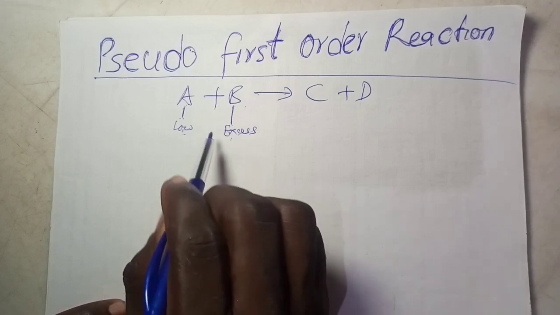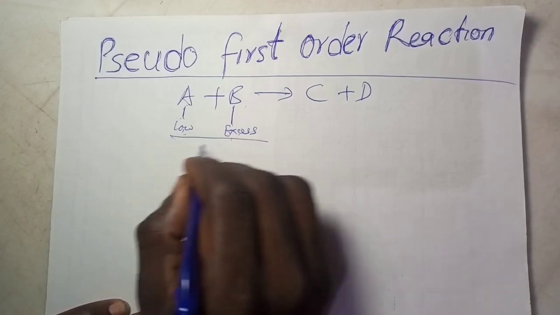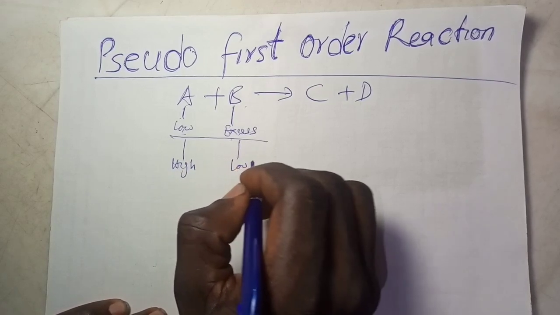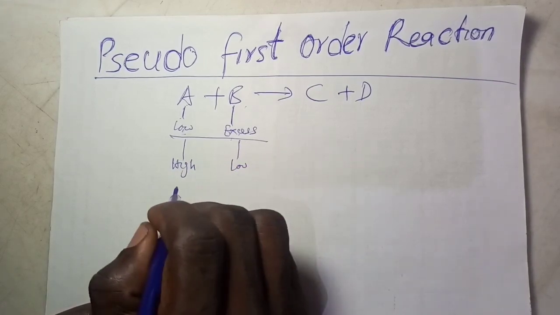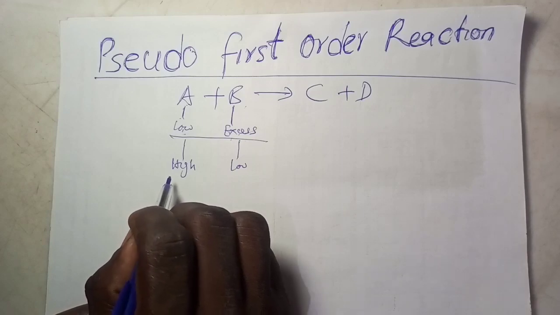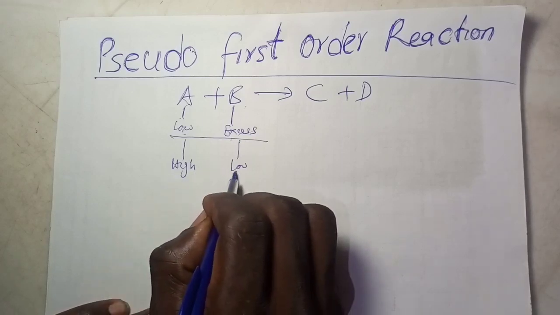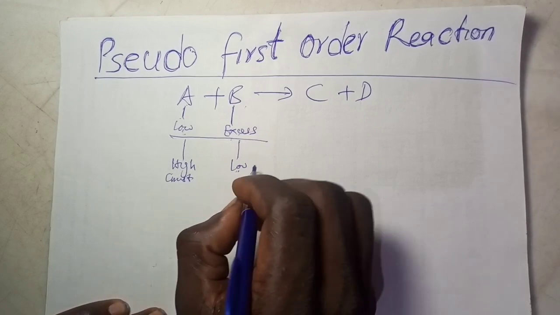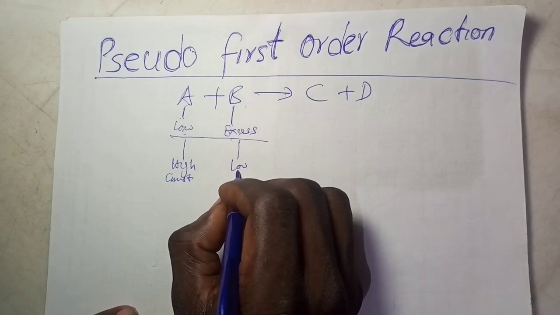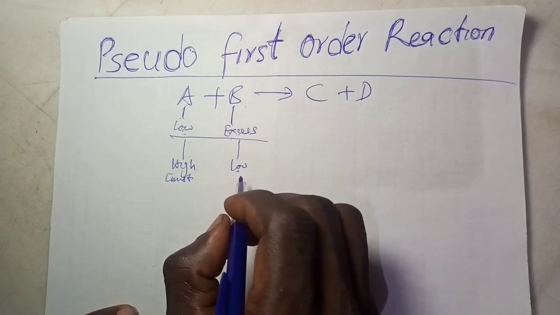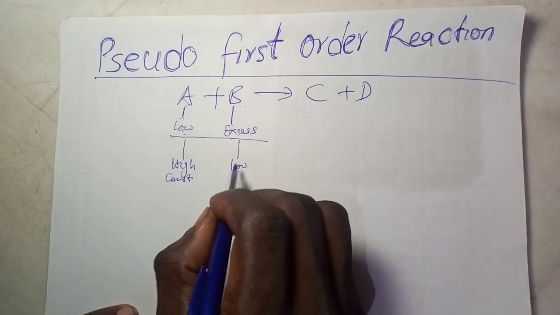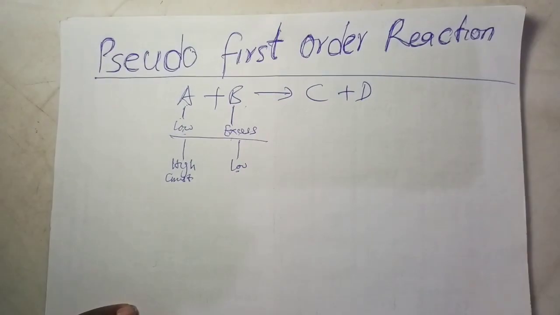Another way is that if A is in high concentration and B is in low concentration, then A is kept constant, and the reaction is a pseudo first order reaction with respect to B.